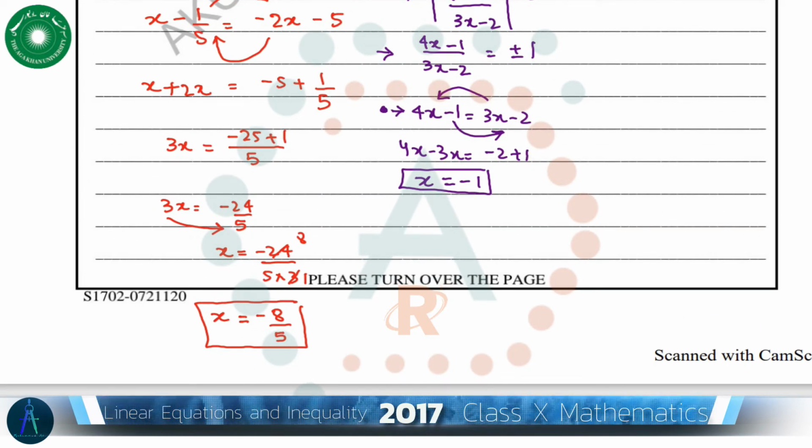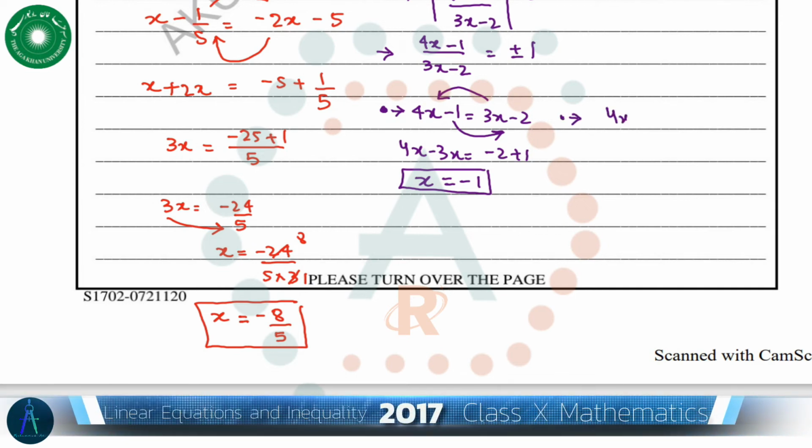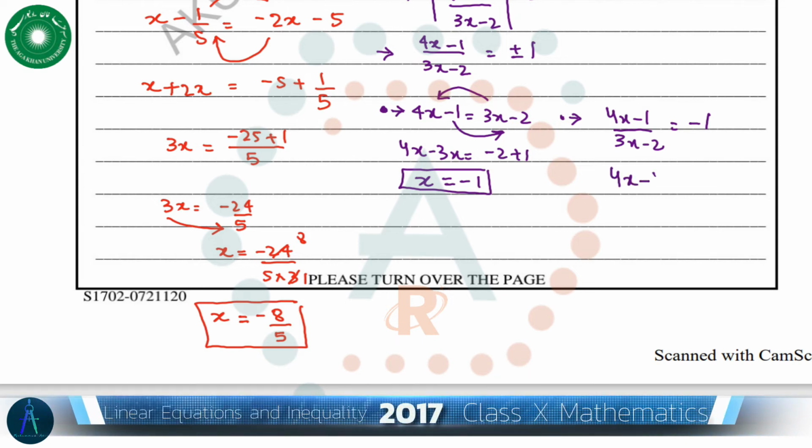Then when we solve the second part, (4x minus 1)/(3x minus 2) will be equals to minus 1, and 4x minus 1 is equals to minus 3x plus 2.